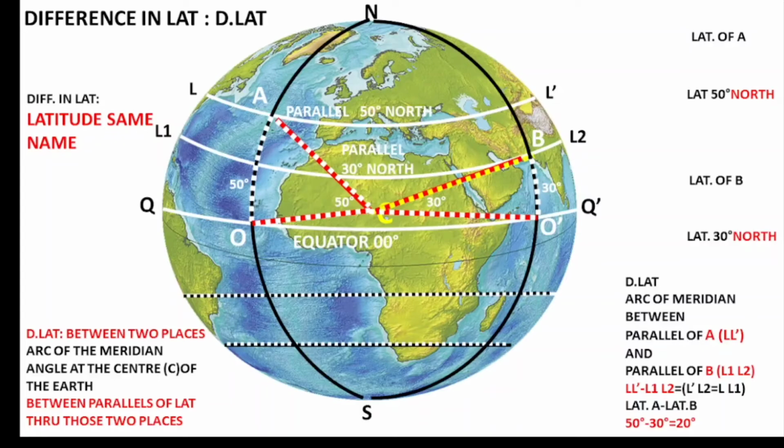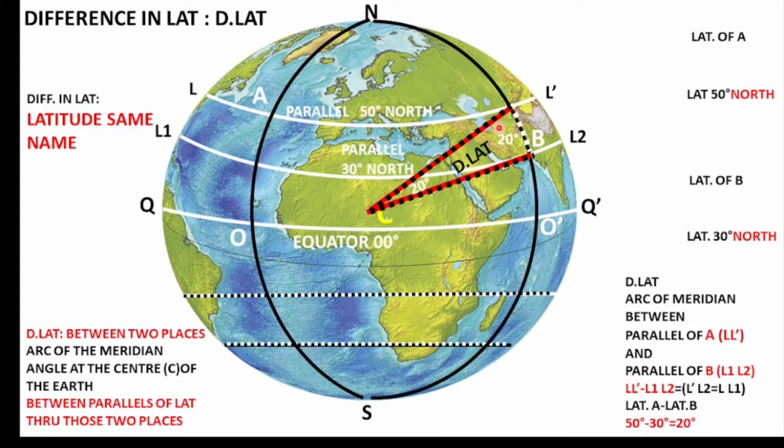So d-lat between both of them, as I said, is the arc between the two, is this here. And the value what I have done is subtracted it. One was 50, one was 30. So the remaining arc is 20 degrees. So d-lat is arc of the meridian or angle at the center contained between these two parallel of latitudes.